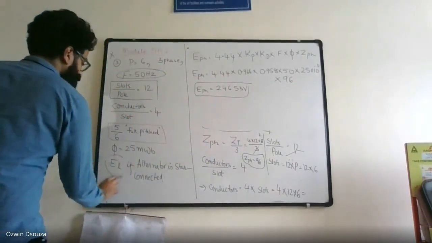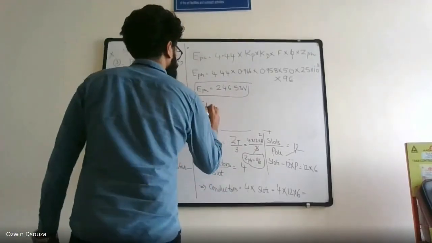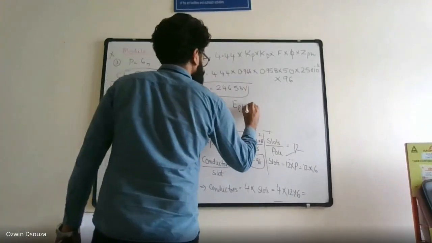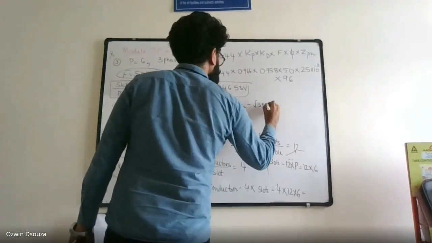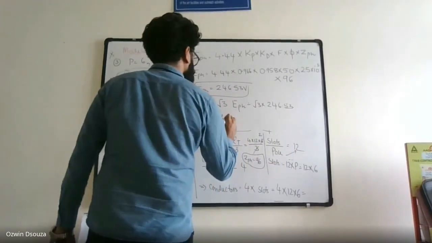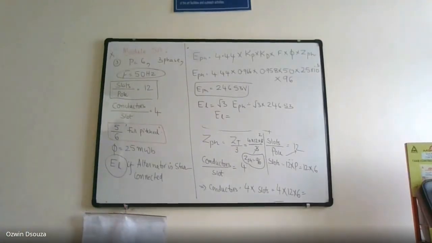And you are supposed to find the line voltage. So E line is equal to √3 times E phase. So √3 times 246.53. So you will get the line voltage as 427.